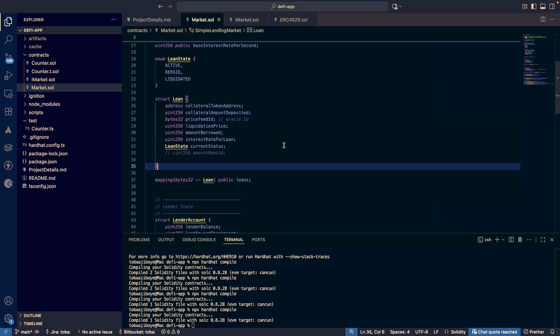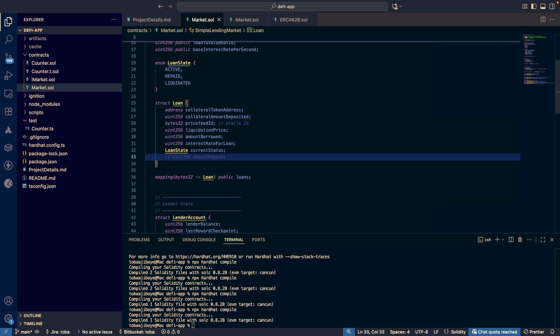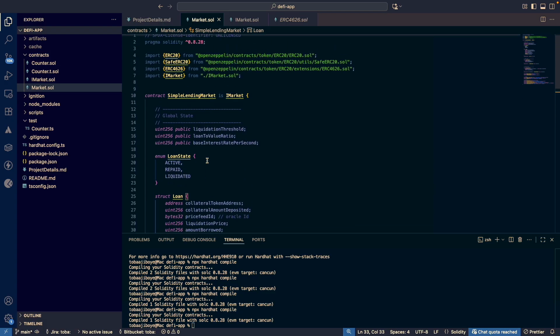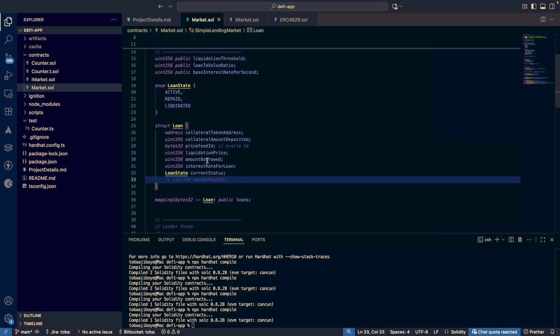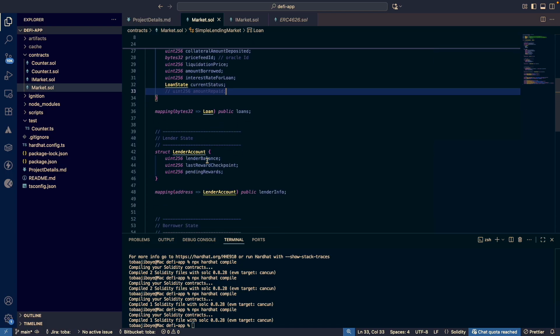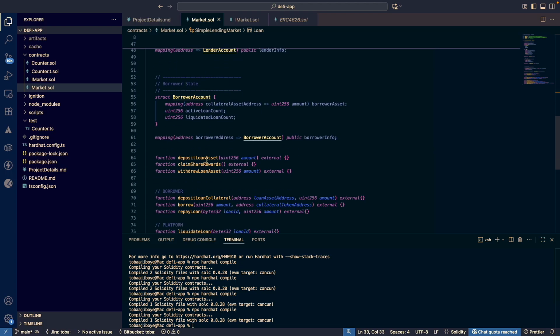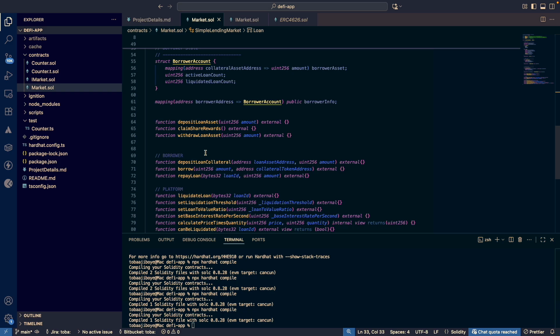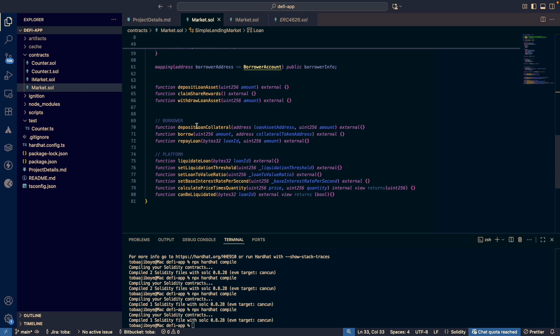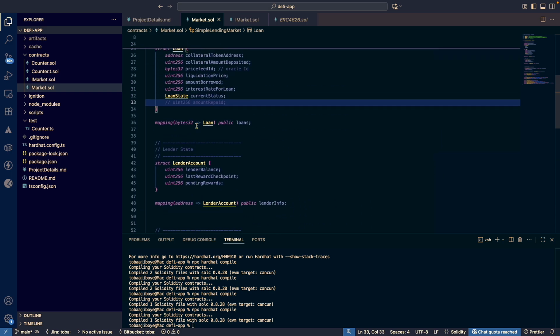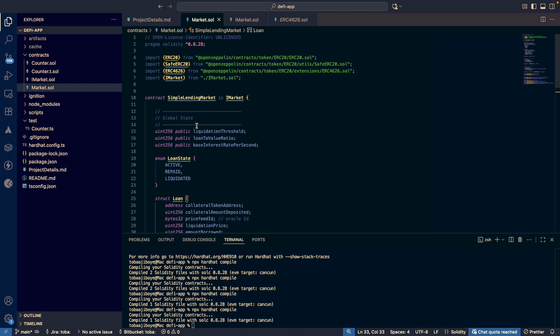Okay, good. All right. So I think we have defined most of the things that we need to start writing our function. Yeah, we have. So in the next week, we will begin writing our function.